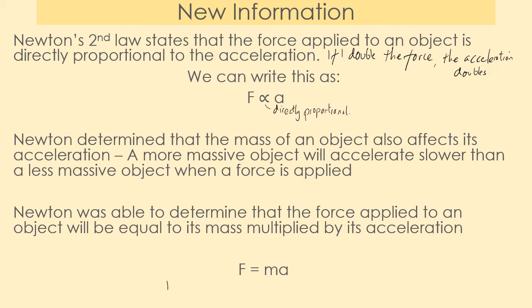So it's force in newtons is equal to the mass, and importantly the mass is in kilograms, times by the acceleration, which is in meters per second squared. To remember these units, these are our base units: newtons, kilograms and meters per second squared. We're always going to work in those. If it's in grams, we're going to have to convert it to kilograms.